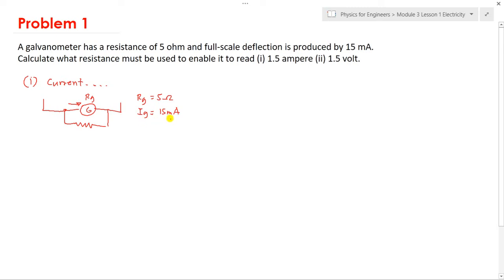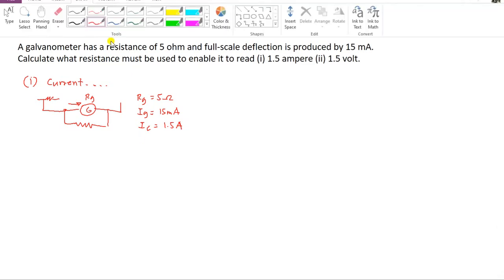The equivalent is 1 amp is 1000 milliamps. Next, when we say it can read 1.5 ampere, that 1.5 ampere is the current coming from the circuit. So IC is equal to 1.5 amperes.